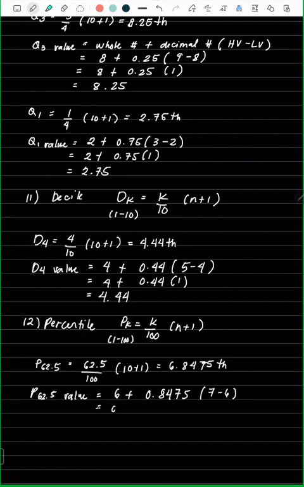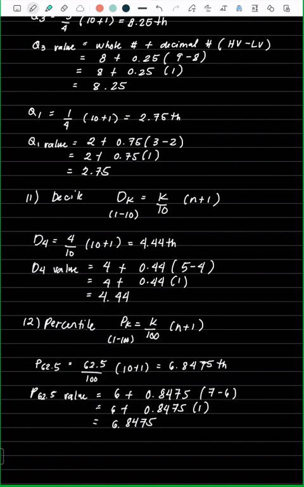All right. So again, following the formula, for my P62.5 value, that would be 6 plus 0.875 multiplied to 7 minus 6.